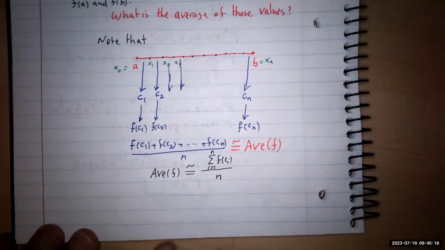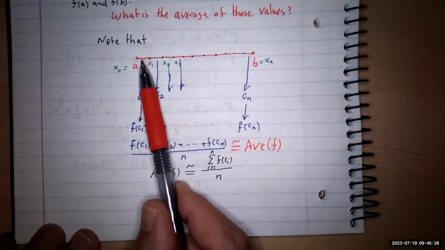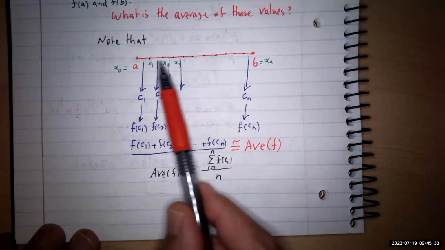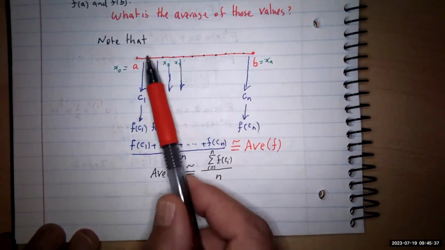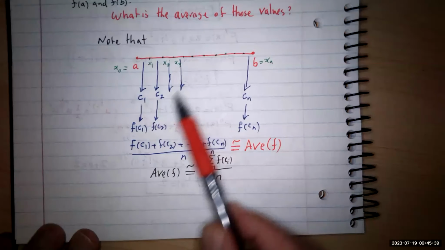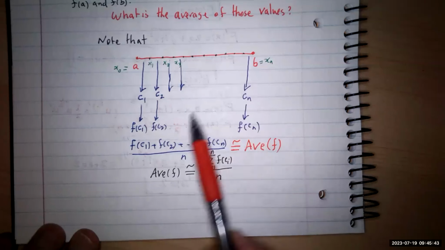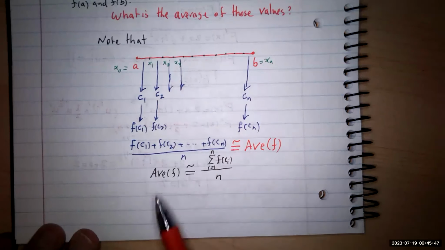But how are we going to make this number better and better? You can make it better if you increase the number of partitions. If you divide into 5 parts, you get just 5 numbers. If you divide into 100, you get 100 numbers; into 1,000 parts, 1,000 numbers; 10,000 numbers, 1,000,000 numbers.